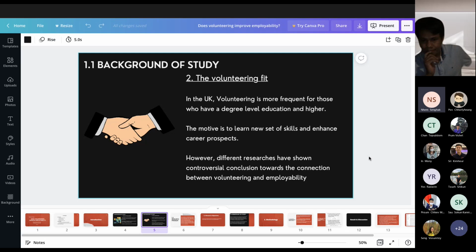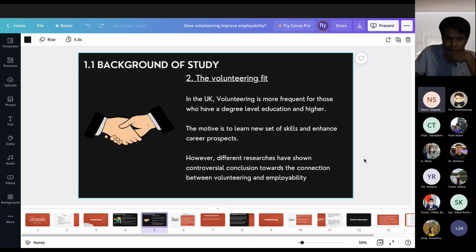For instance, the research paper provides examples in the UK, where people who are employed are more involved in volunteering due to the desire to learn new skills and also the aim of getting a job. However, despite some of these positive connections, there are also studies that state that there is no direct relation between volunteering and employability. So next slide, please.